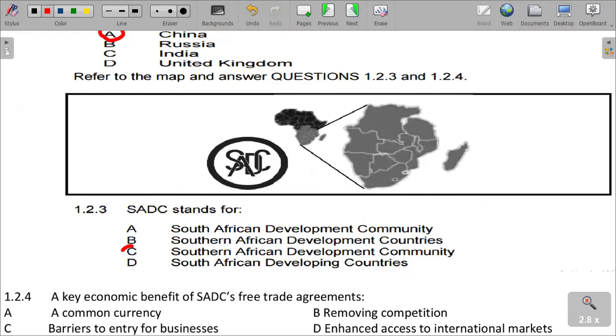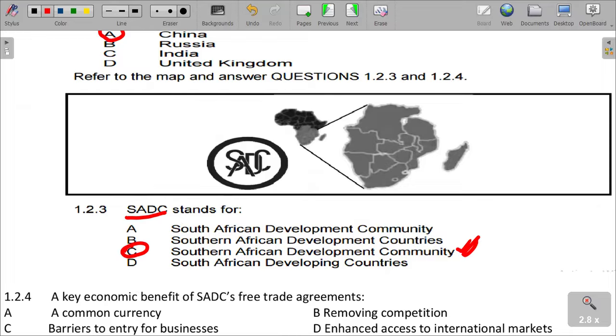Southern Africa Development Community is a block of countries in the Southern African region, defined by SADC. That is the meaning of SADC, which is given by letter C. It is not South African Development Community, it is Southern Africa Development Community.